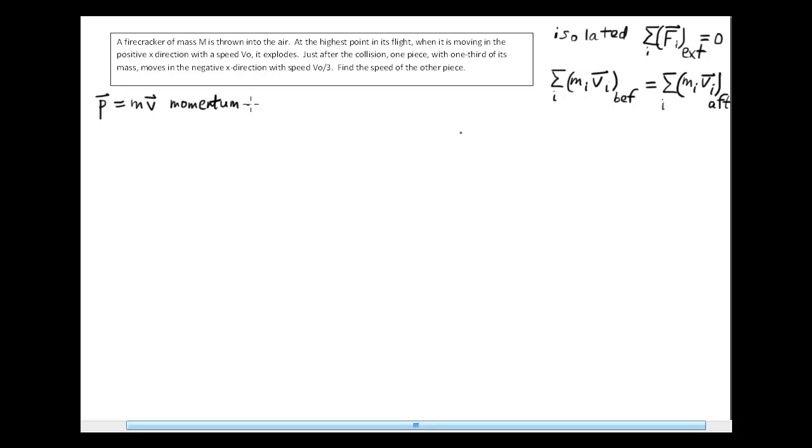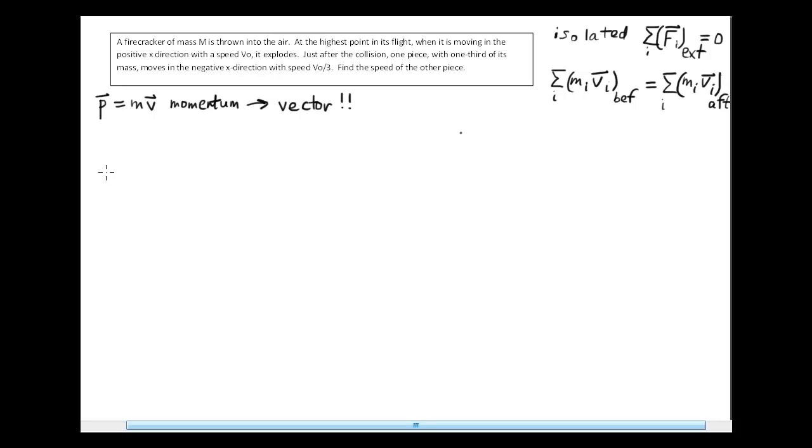But remember, this is very important, momentum is a vector, which means that in conservation of momentum problems we have to keep track of signs and of directions. That's very important. It makes using the conservation of momentum law a little bit more complicated than using the conservation of energy, where energy doesn't have a direction associated with it.